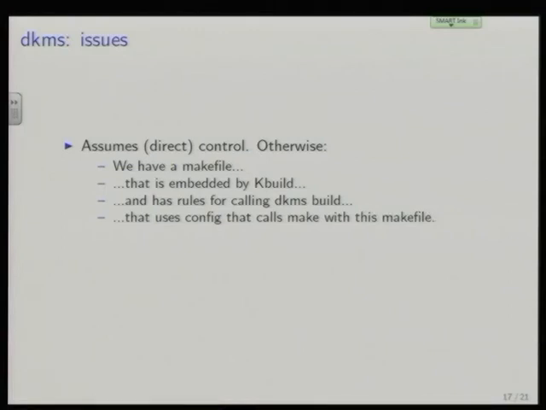And if you want to build a package, you probably have some dkms target in your makefile that calls dkms for building an RPM package or Debian package, and dkms includes your makefile back, and that's where things can become a little tricky because of the way it works.